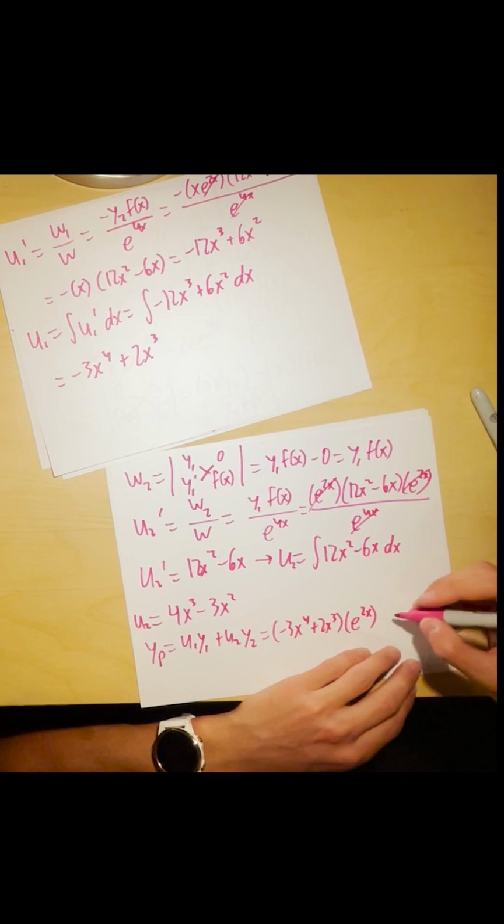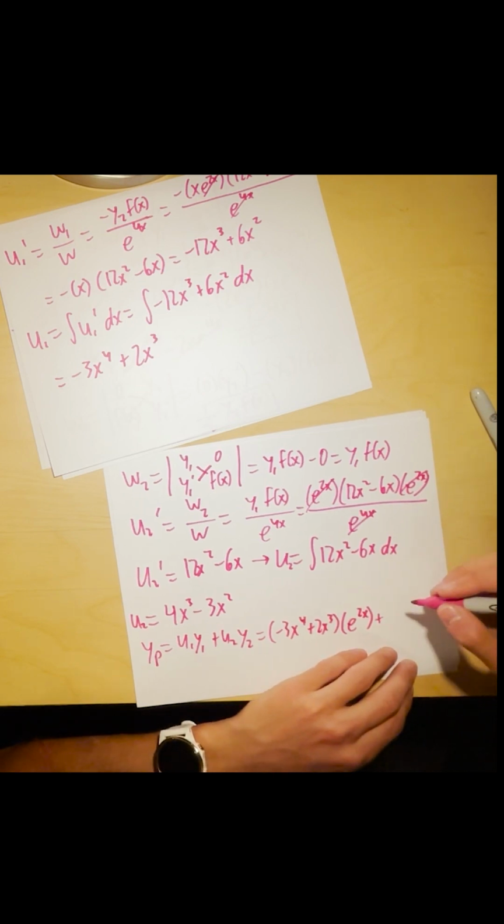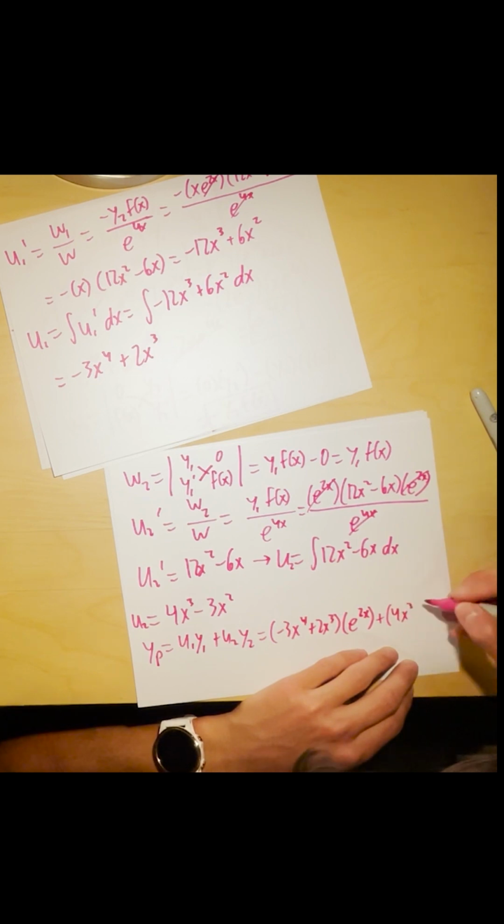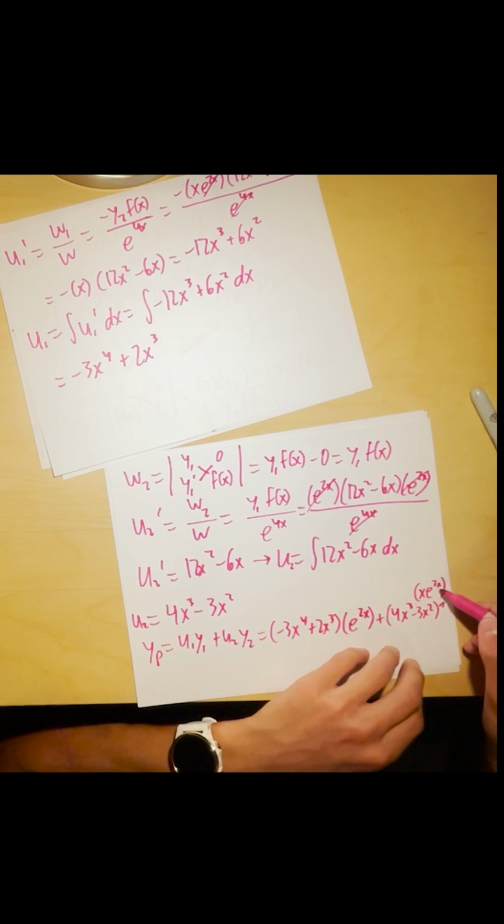And then u2 was this one, 4x cubed minus 3x squared, and I'm going to write the multiplication up here, the y2 up there, x e to the 2x.